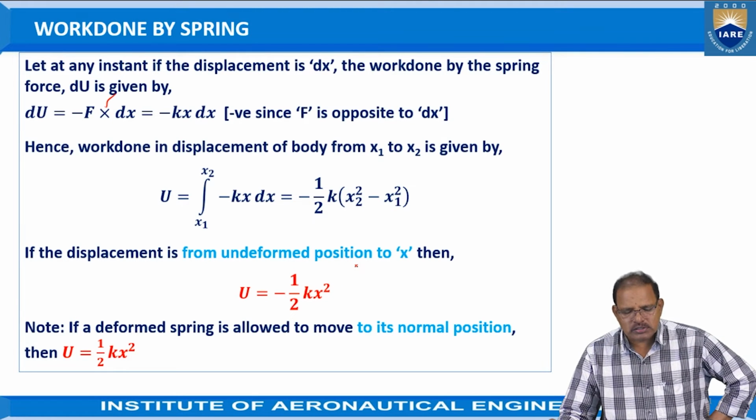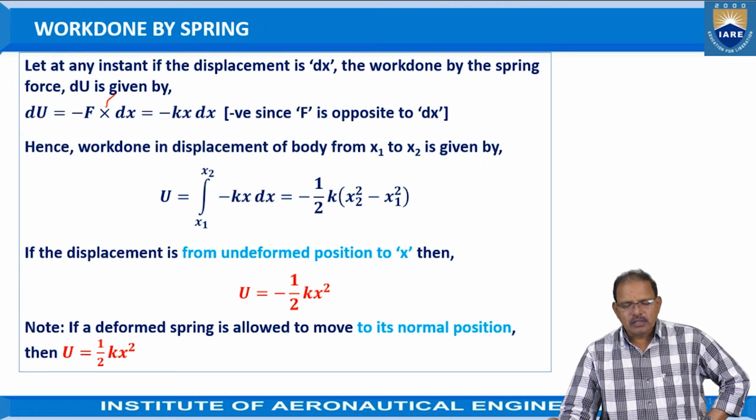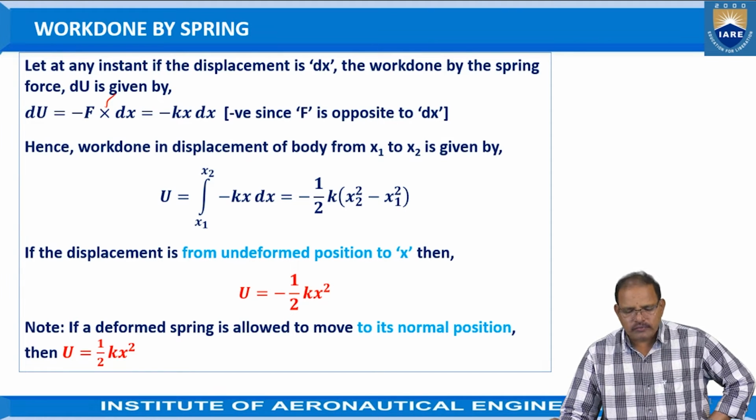The first equation represents 1 by 2 k into x2 square minus x1 square, the potential energy stored within the object when the spring is stretched from x1 position to x2 position, that is the deformed distance x2 minus x1.